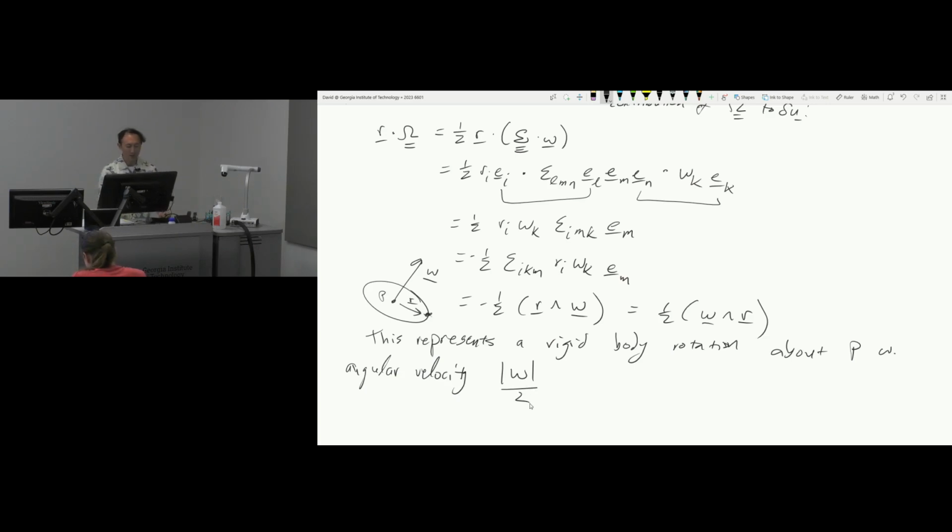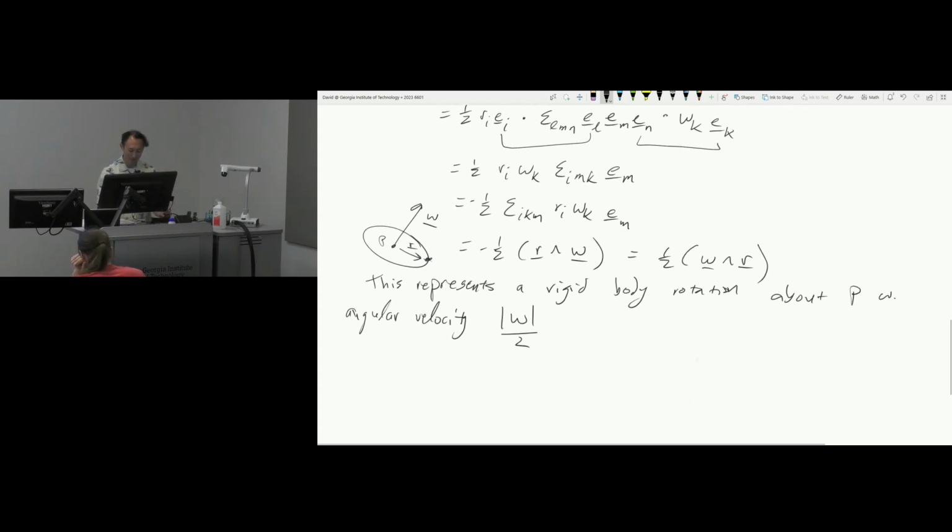So the reason this is different from the rate of strain matrix is that the change in the velocity of points is perpendicular. It's coming out of the plane. The other one was in the plane. Okay. So here all the points are just spinning, and the spin rate is the magnitude of omega divided by 2.